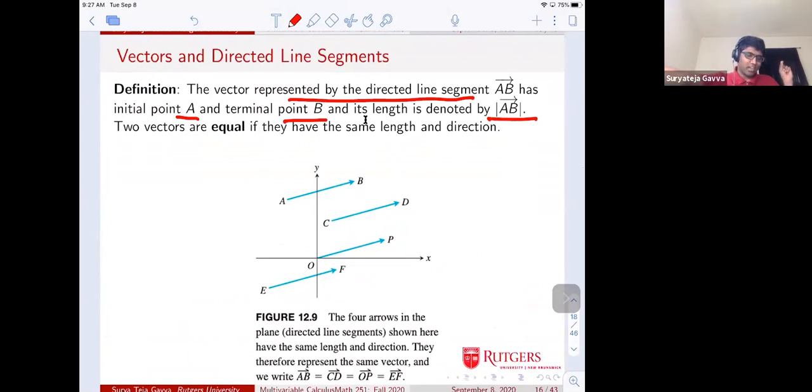When you think of a vector, you should think of geometric segments. And if I want to know what's the length of that segment, I write it as the absolute value of AB. You know what absolute values of numbers are, but here you write it as the absolute value of this vector. So when I write an absolute value of a vector, it means the length of the vector.